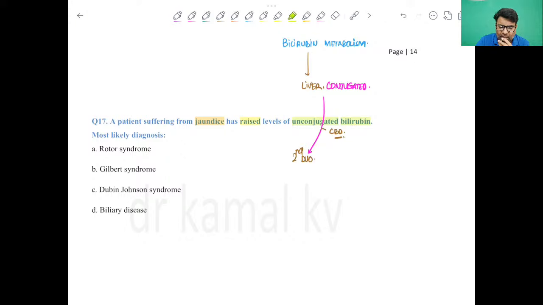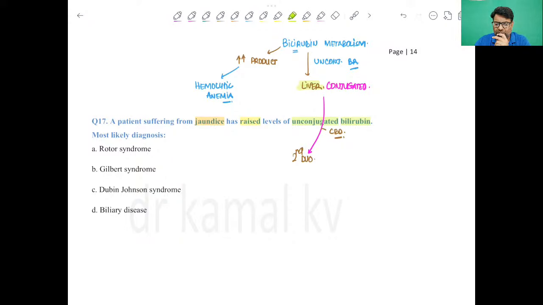Now if there is excess of unconjugated, because this is unconjugated bilirubin here, so if there is excess of unconjugated bilirubin, what can be the reason? Either there is increased production, as we see in hemolytic anemia, which is beyond the capacity of the liver to conjugate, or there is some problem with the liver so that it is not able to conjugate even a bilirubin which is produced in normal amount.